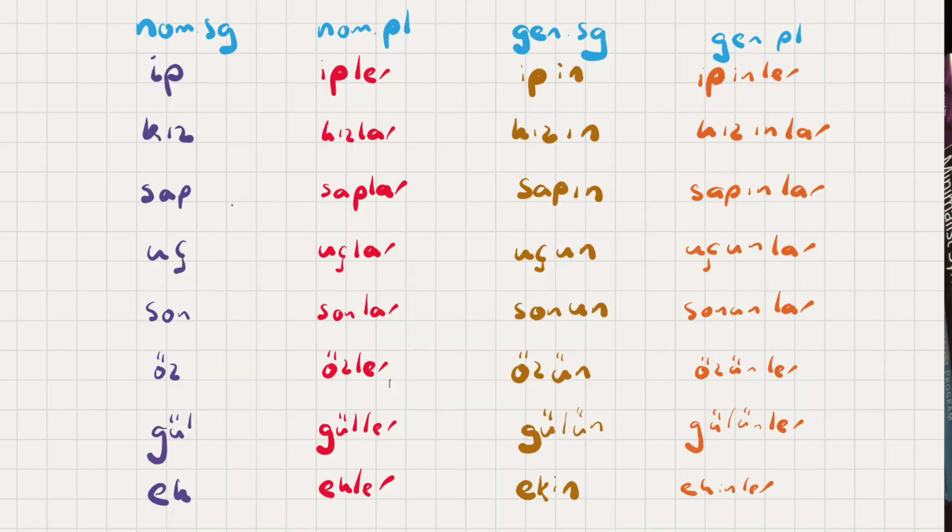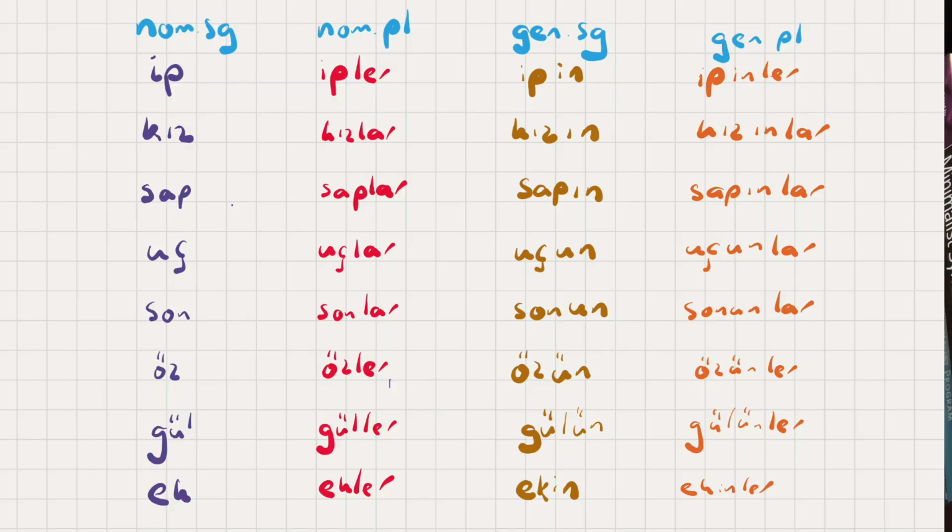Well, if you study these data carefully, you will notice that the ler suffix appears exactly when the stem has a front vowel. Ipler, and usler, and güller, and ekler. And the lar suffix appears exactly when the stem has a back vowel.